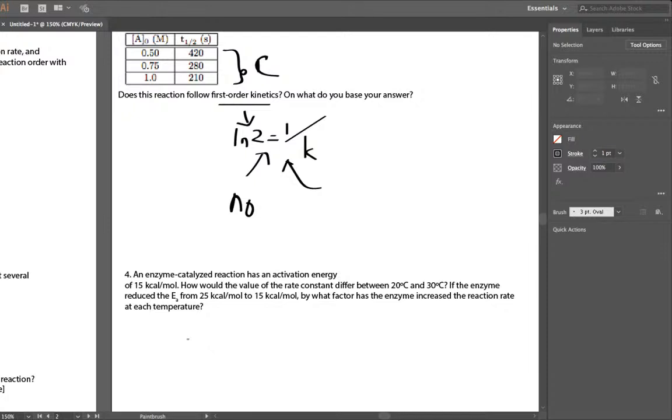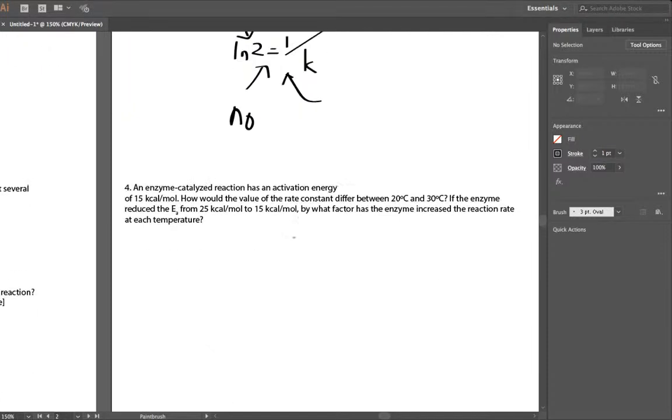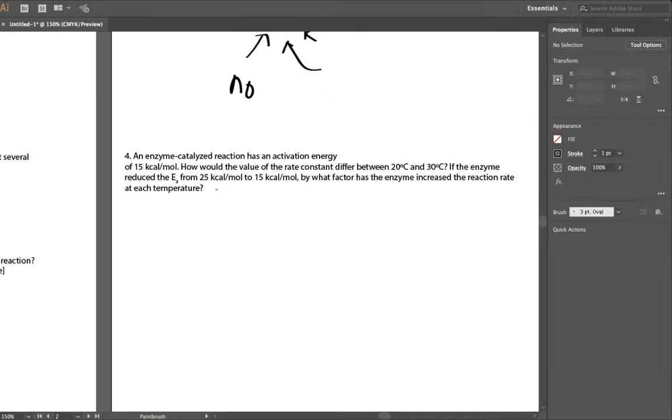Okay, so with this now, let's go and solve number 4. An enzyme catalyzed reaction has an activation energy of 15 kilocalories per mole.